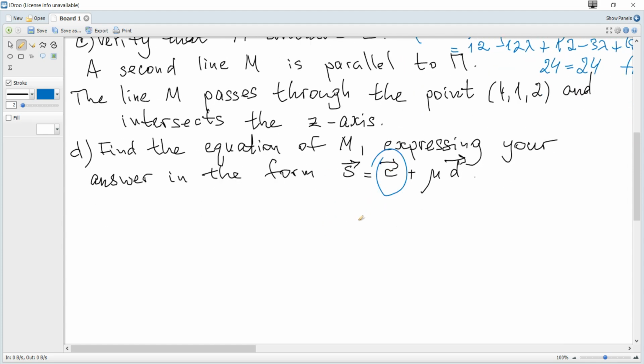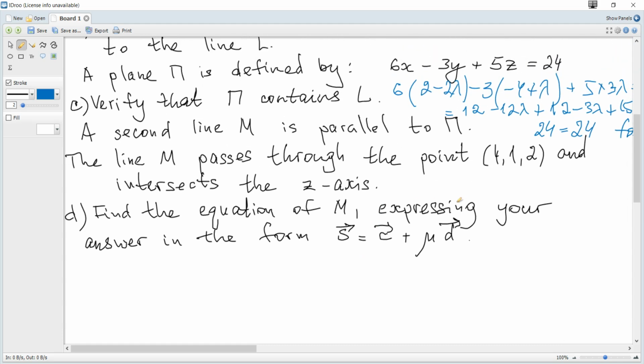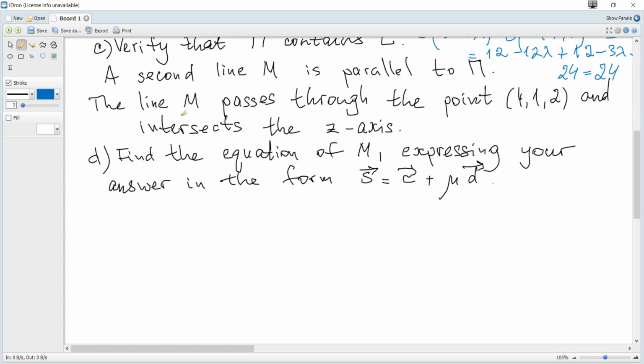So it's the position vector of any point on the line M, and since we know the coordinates of a point, it's directly this 4, 1, 2. And we need a direction vector. It's any vector of any length which is parallel to our line.